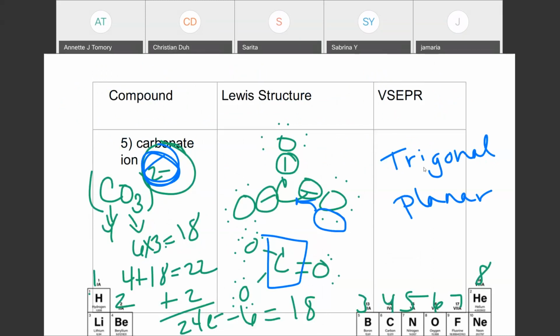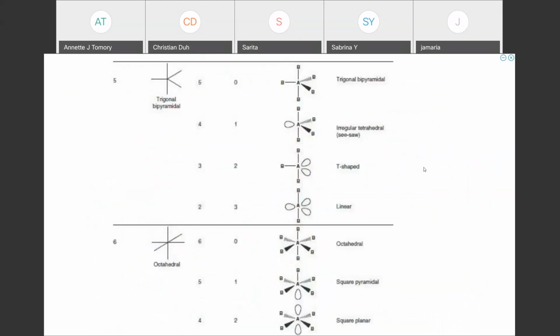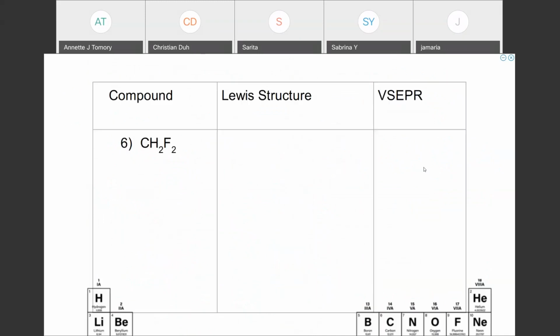All right, so how did that one feel? Was that getting a little bit easier? Basically, all you had to do is figure out the Lewis structure. Once you figure out the Lewis structure, you take how many atoms it's bonded to and the number of lone pairs, and then you line it up.